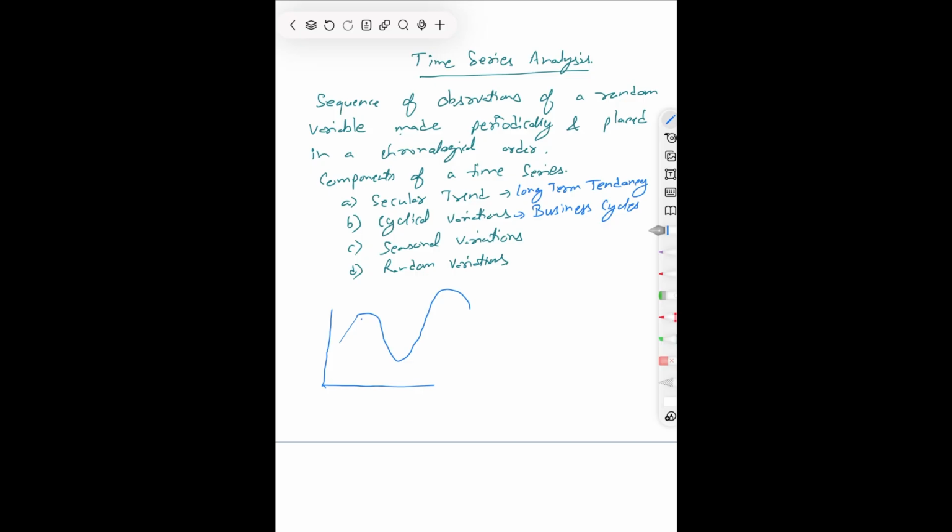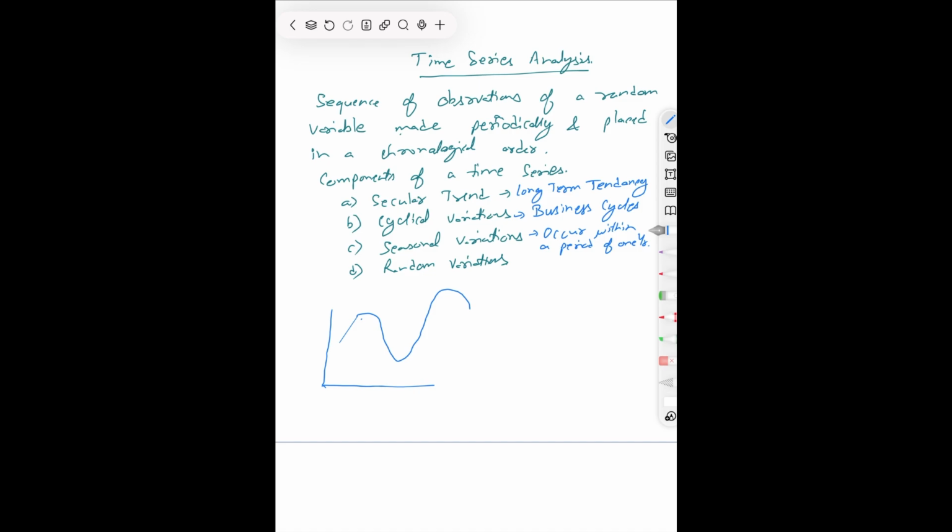Then there are seasonal variations. These variations would occur within a period of 1 year. So for example, due to seasonal variation like different climatic conditions, festivals, customs, holidays, certain industries will be noticeably affected by seasonal variations.